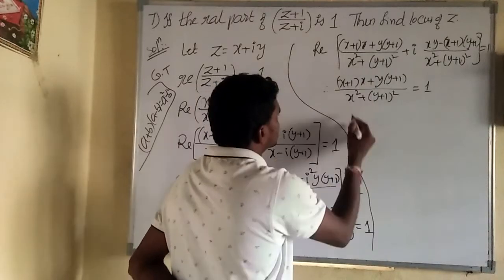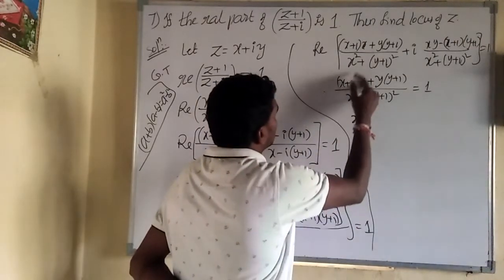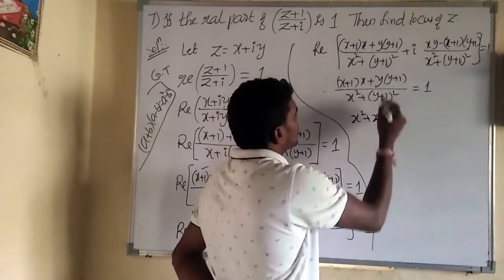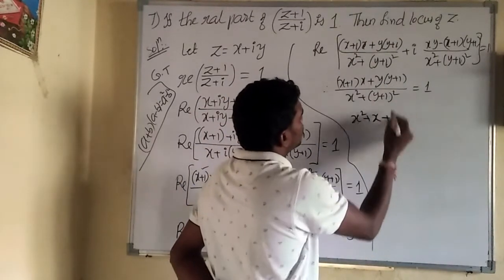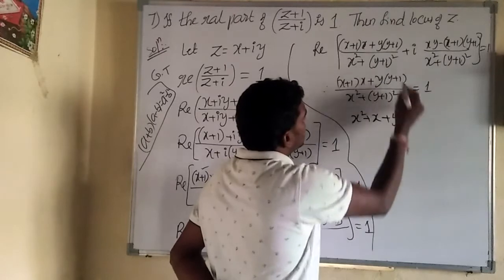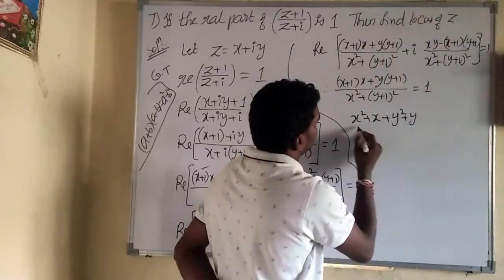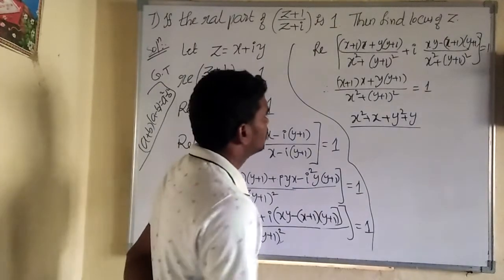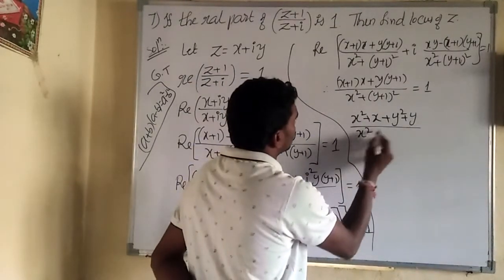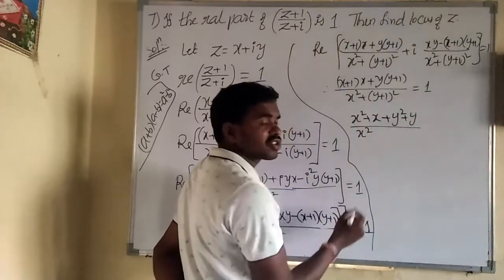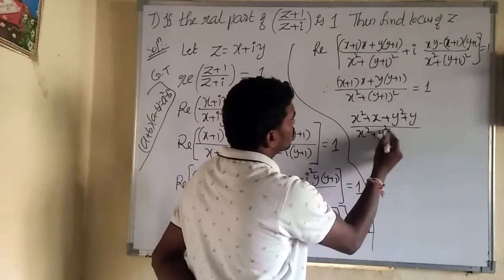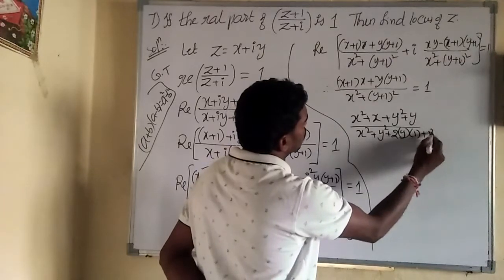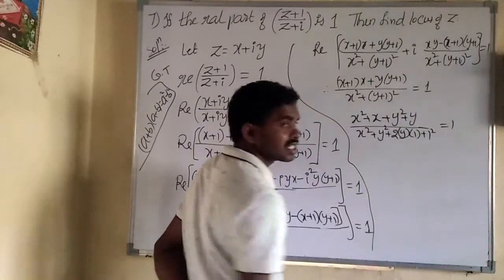Now, x into x, x square, 1 into x, x. Next, plus y into y, y square, y into plus 1, y, by x square. It is in the form of a plus b whole square, so a square plus 2ab plus b square, and is equal to 1 as it is.